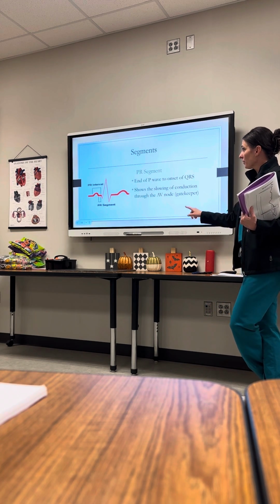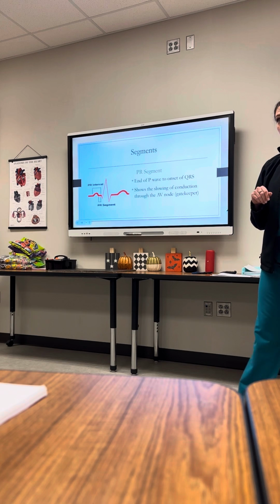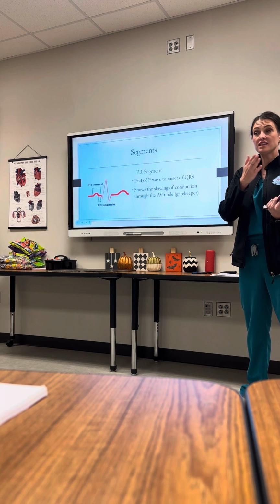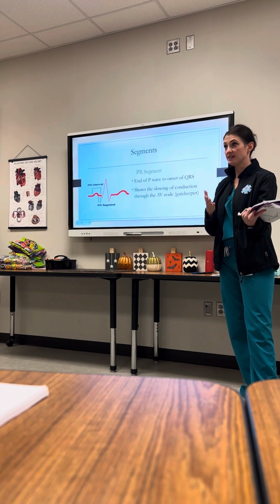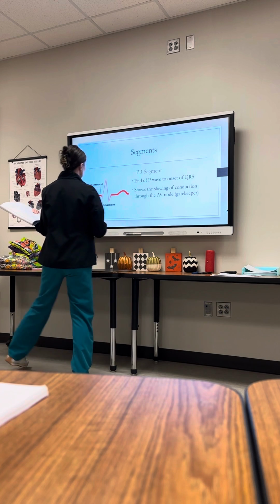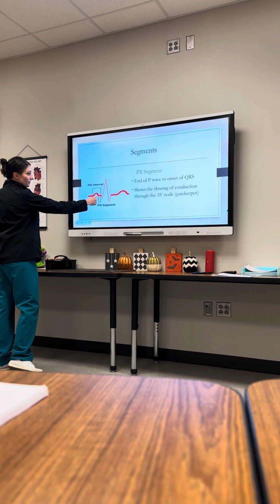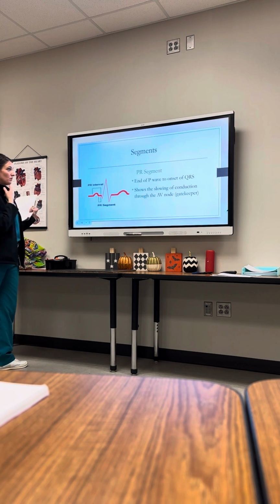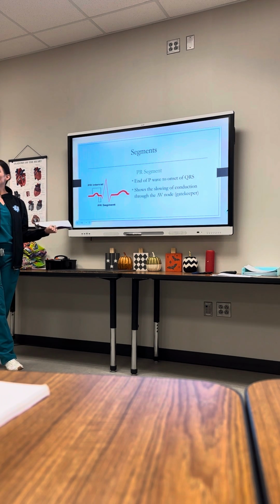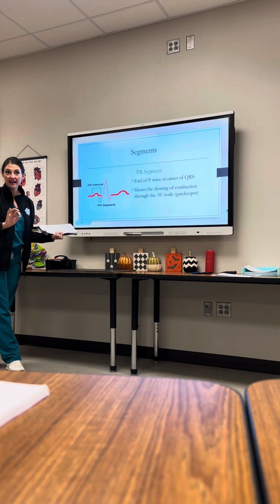All right, the first segment we're gonna talk about is the PR segment. This is, what is it? It's the end of the P wave until the onset of the QRS, okay? So your PR segment is at the end of the P wave until the start of the QRS. And this segment is showing us the slowing down of the conduction through the AV node.